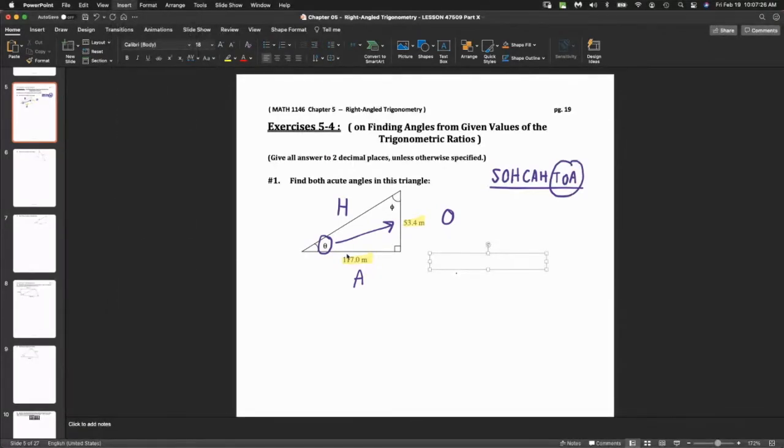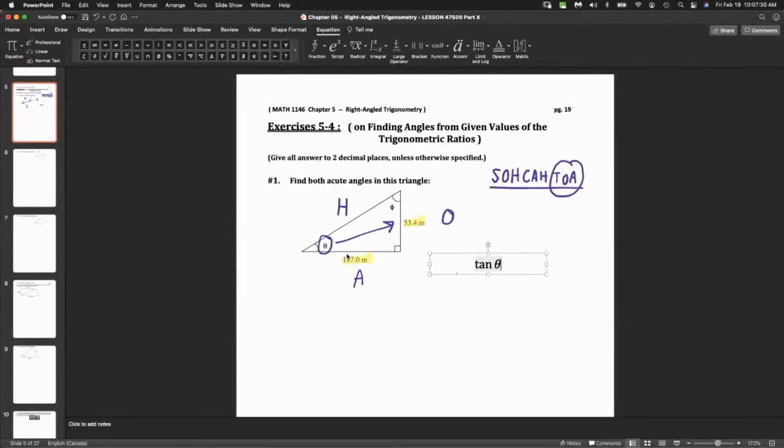So tan of theta is opposite over adjacent. In this case, opposite is 53.4 meters, and adjacent is 117.0 meters.